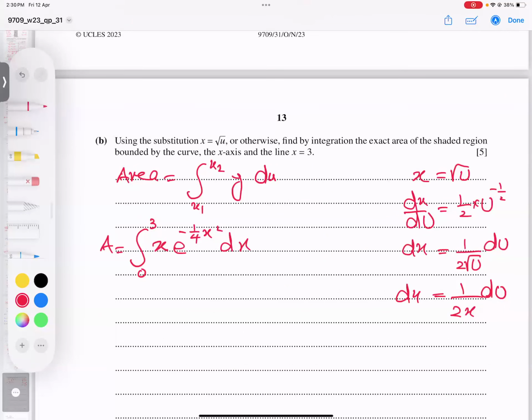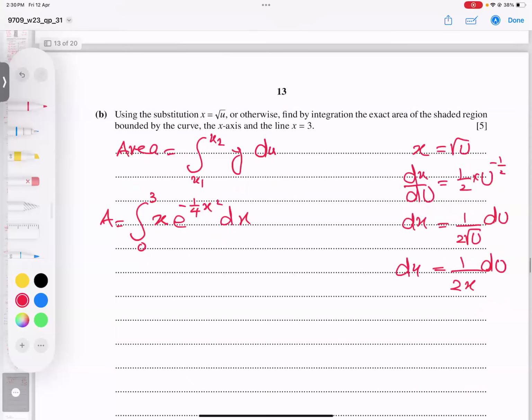Okay, now students, I can replace the values. So this dx we can replace. Have a look at this x, because this x will cancel with that.